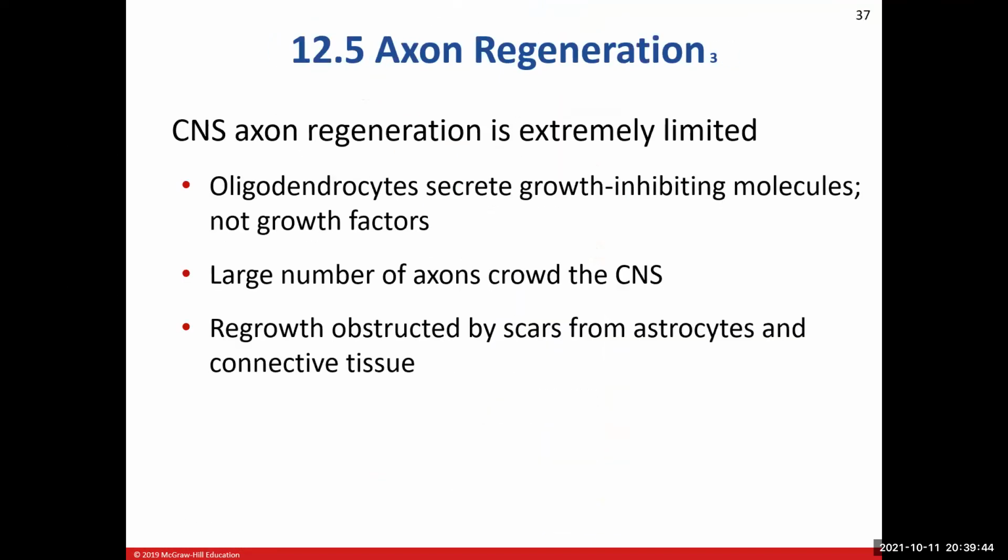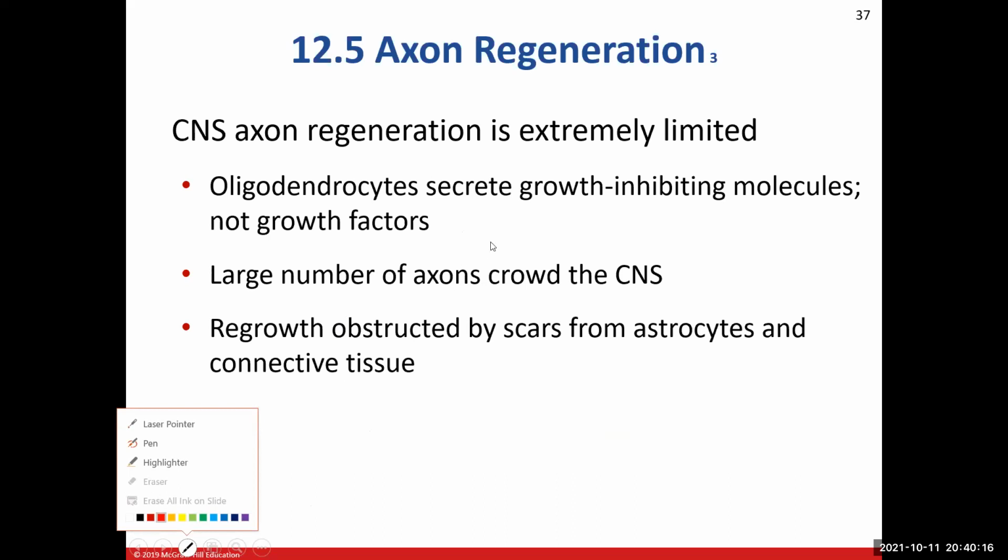Okay. What happens in the central nervous system? Well, unfortunately, regeneration is extremely limited. It will not happen as easily as you saw in the peripheral nervous system. And the part that kills me, and I need to do more research into this, is you noticed how in the peripheral nervous system, the neurolemmocytes, the glial cells that help to myelinate the cells, produce that growth factor.